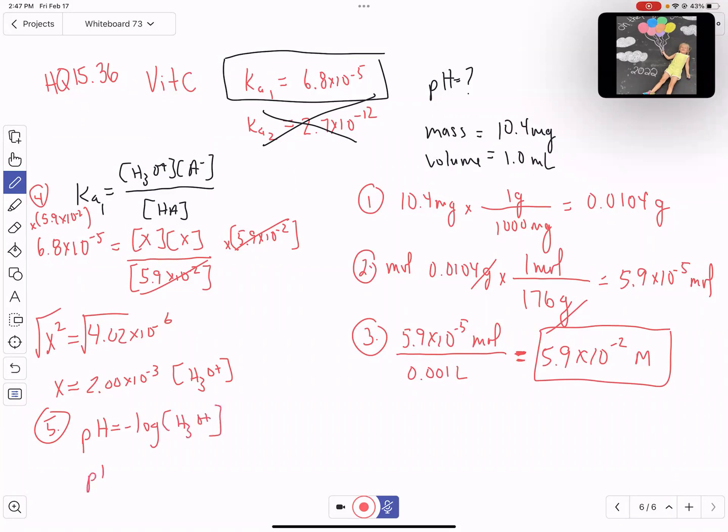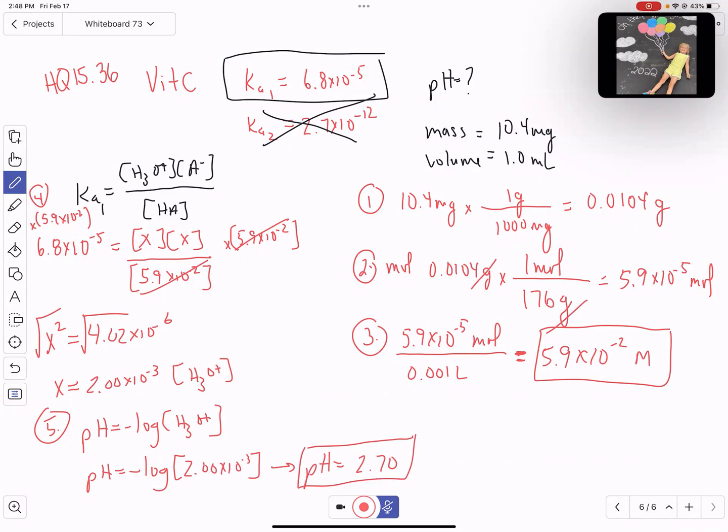With my concentration of 2.00 times 10 to the minus 3, I get a pH of 2.697. So I would say 2.70 for a pH for that, Zoe, for your question.